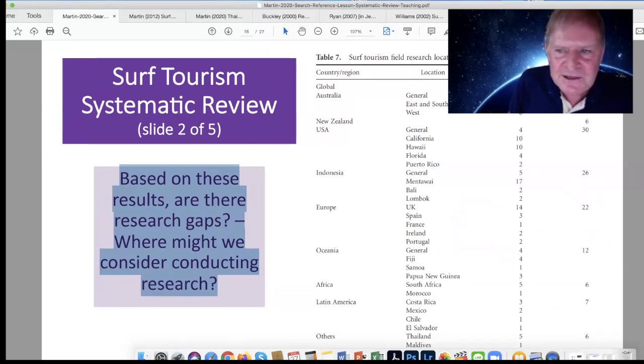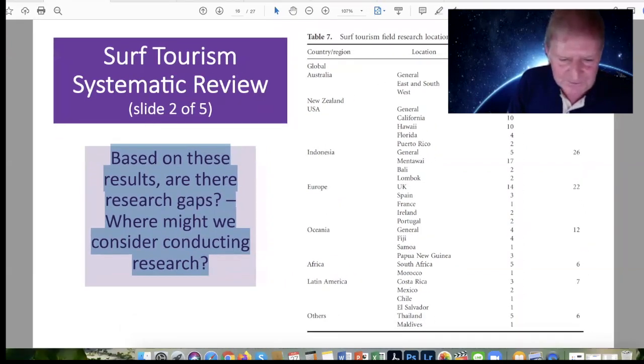And I found, let's say here, you can see 30 pieces are global, and then how many were in Australia. I made a subset, like whether it was the east or the south or the west of Australia, they're quite different places. New Zealand and USA, I further segmented USA because of Hawaii in particular. It's a different world, you know. And Indonesia, quite interesting, in Europe and Oceania. Okay, so I created this table.